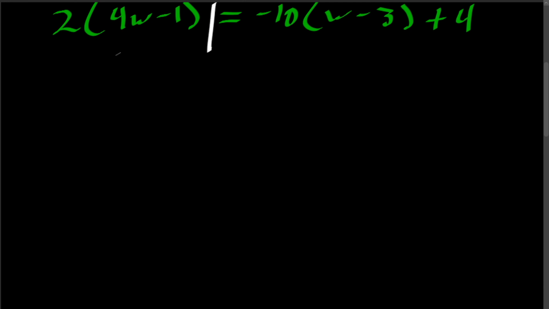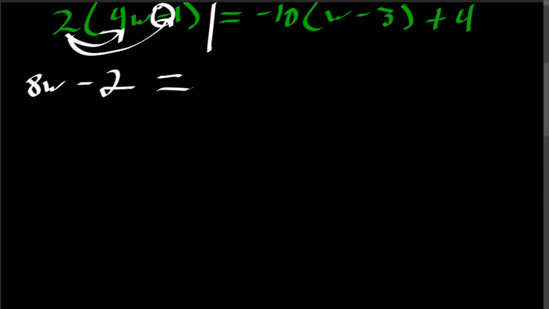So we're going to start out looking at the left and the right, and we're looking for anywhere that we need to distribute. The left side, 2 times this whole parentheses needs to be distributed. So 2 is going to multiply by 4w, which gives me 8w. 2 times negative 1 is going to give me negative 2, so we would say minus 2. Now, in the last problem, we pretty much got to do this and go to the next steps.